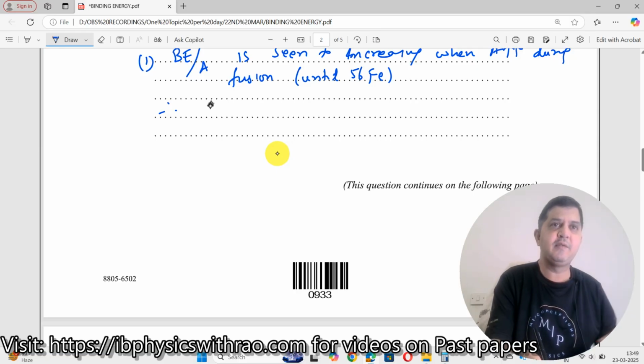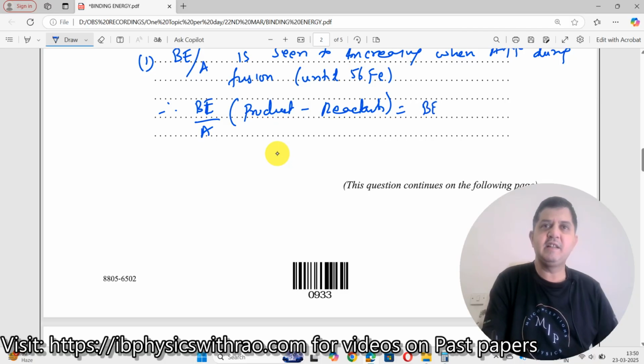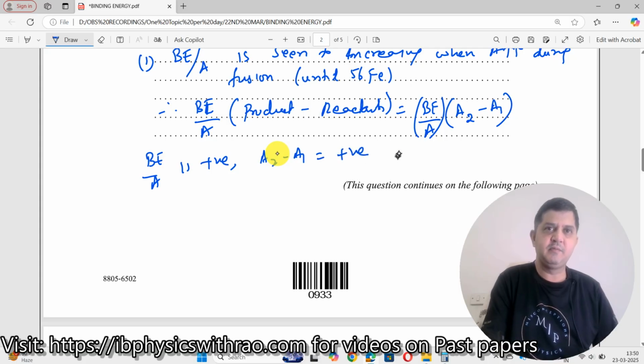Therefore, I can say binding energy per nucleon into number of products minus reactant will be equal to binding energy per nucleon into product. What will be product? Let us say this will be A2 minus A1. Now binding energy per nucleon BE by A is positive, and A2 minus A1 is also positive.